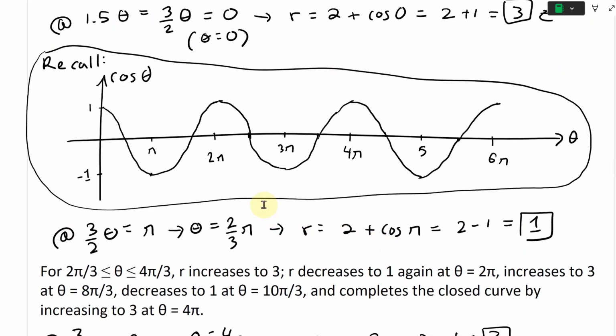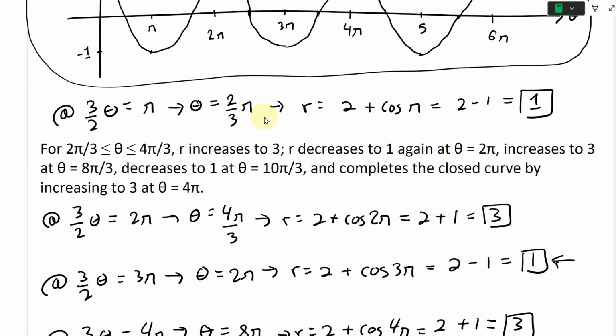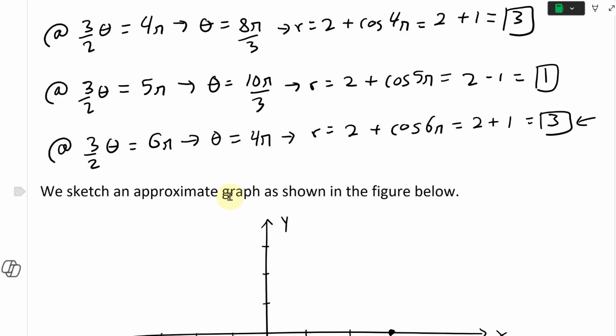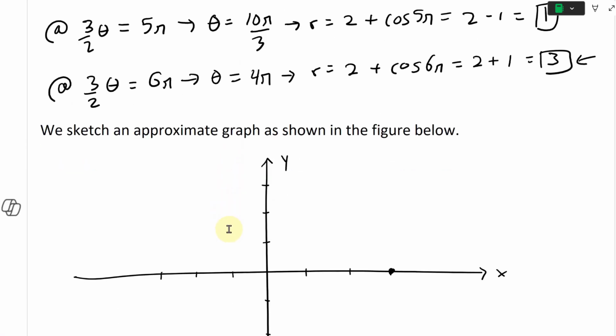And now at theta equal to 2 pi over 3, that's actually at 120 degrees, because again, pi is 180, and pi over 3 is going to be 60. So I'm going to draw these as guidelines. This is going to be 60, and this is going to be 120.